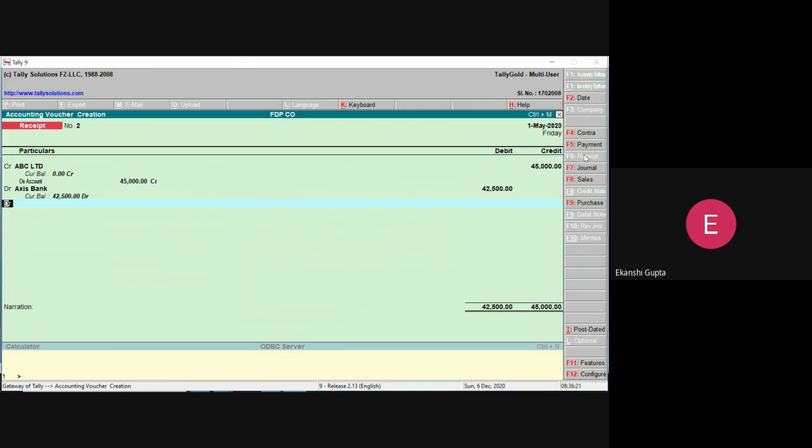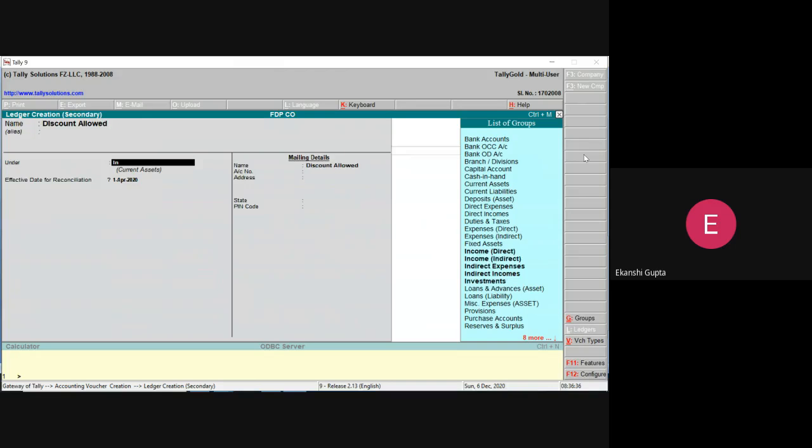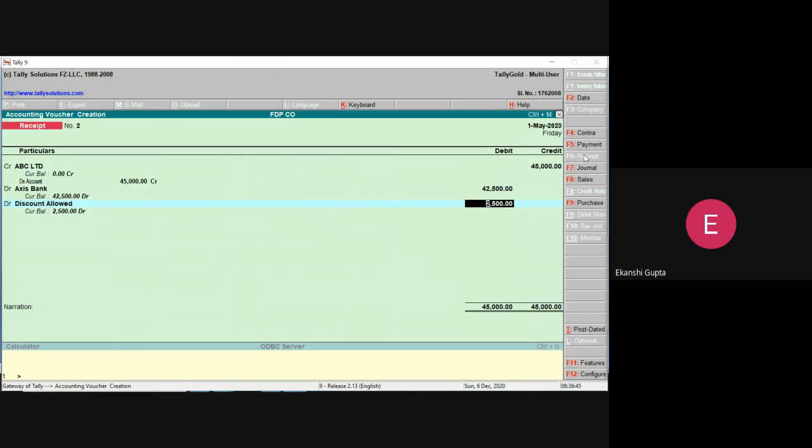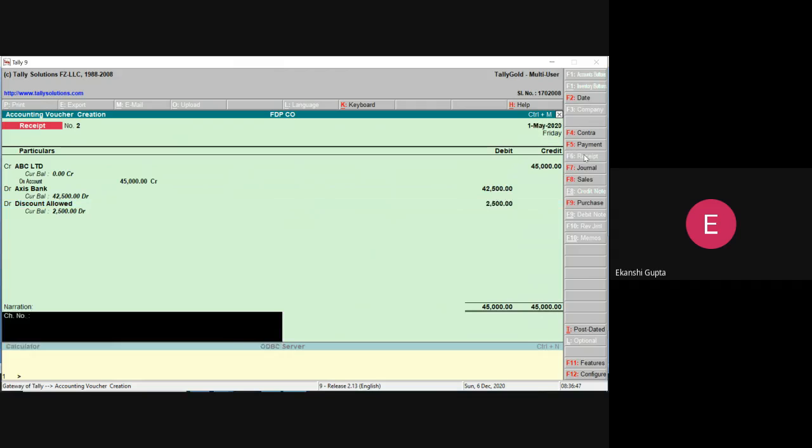Press enter. Discount allowed is also not there, so again Alt plus C in order to create its ledger. Indirect expense. 2,500.